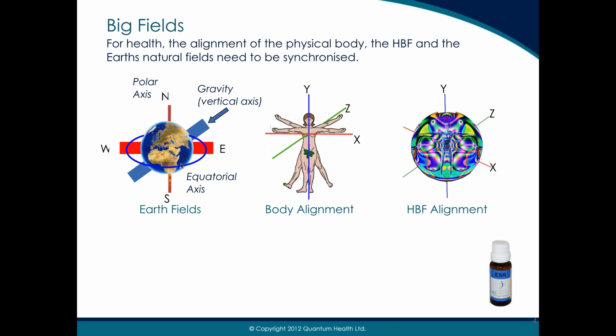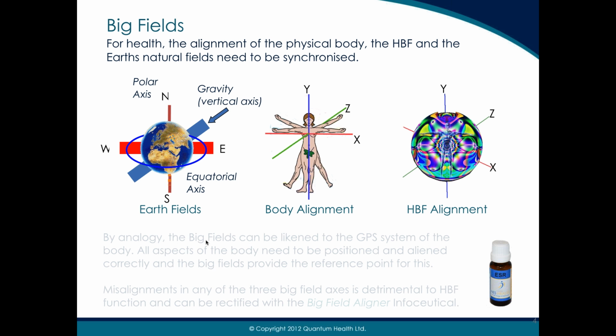We have 3 axes. We've got the polar axe, we've got on our first schema the gravitativity axe, and we've got the horizontal level, the equatorial axe. You can see in the earth field or the human body field alignment, everywhere on the earth and in the human body field, you see all those 3 axes coming back.